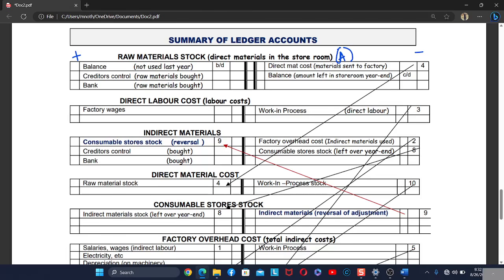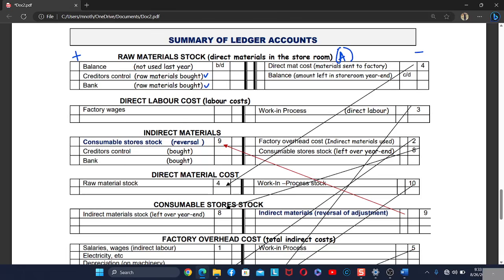And then obviously when we buy the raw material stock, it is going to increase, right? For example, if we buy it on credit, the account there is going to be the creditors control because we'll be buying the raw material, right? And it should be increasing. But then it's going to increase with the creditors control account. And then if we buy it for cash, the account there is the bank, right?